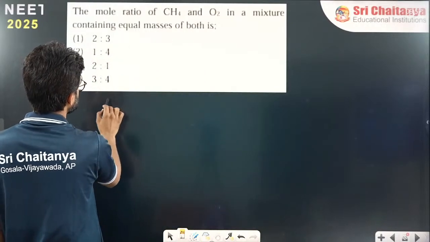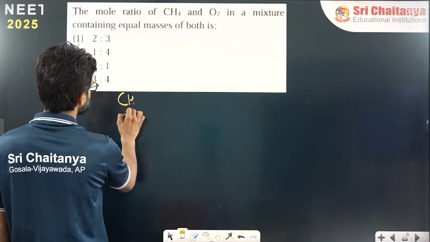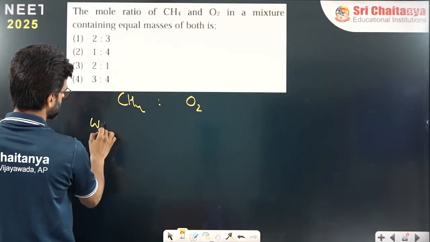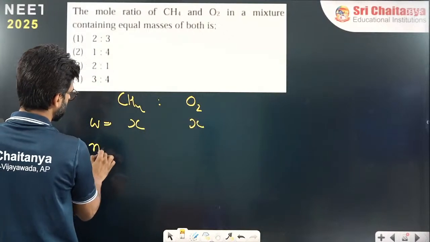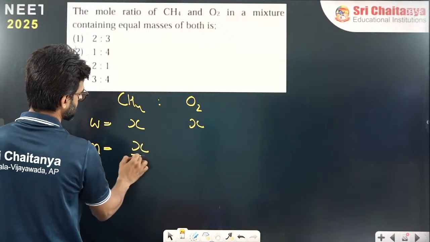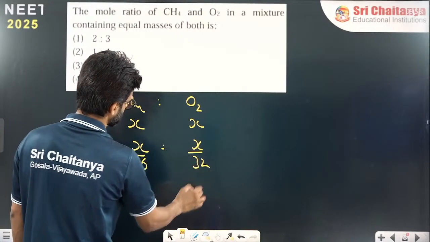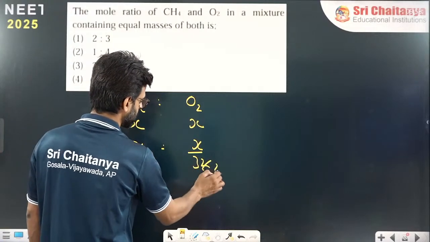If I say weight, I am having two things here. CH4 is given and O2 is given. Weight I am saying. You can take x gram, no issue. You can find the moles now. So x by how much? 16. X by how much? 32. It's moles, right? So if you cut it down, how much is coming? 2 is coming.